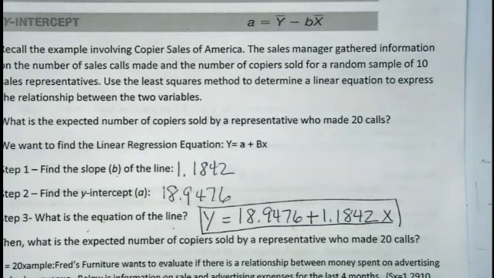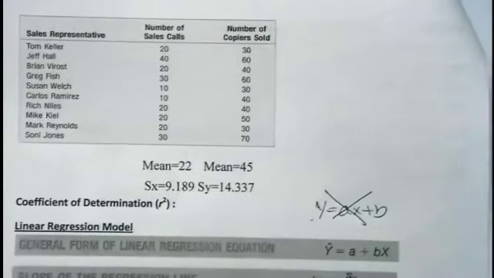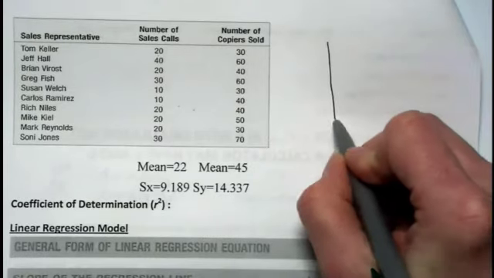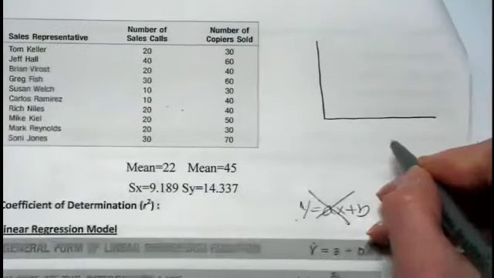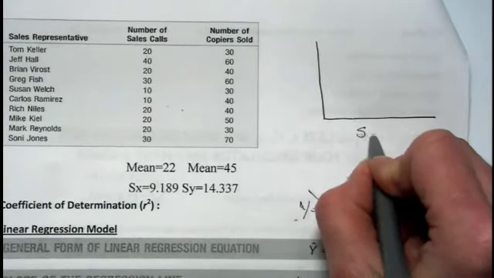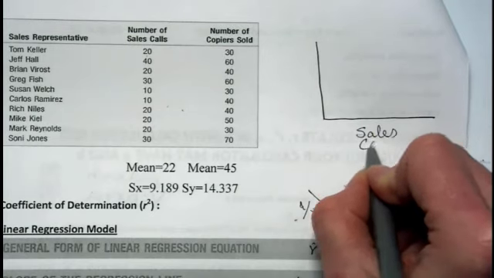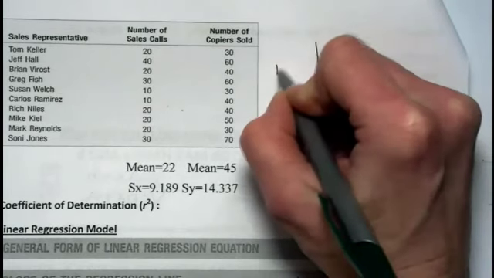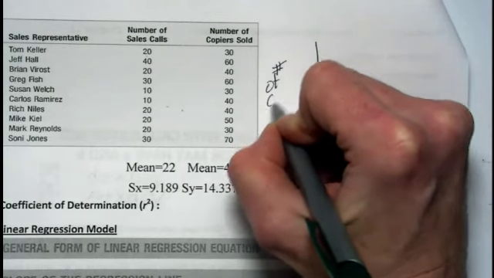Now here we're looking at the number of sales calls versus the copiers sold. One of the first steps you want to do is write a scatter plot. This would be sales calls versus number of copiers.